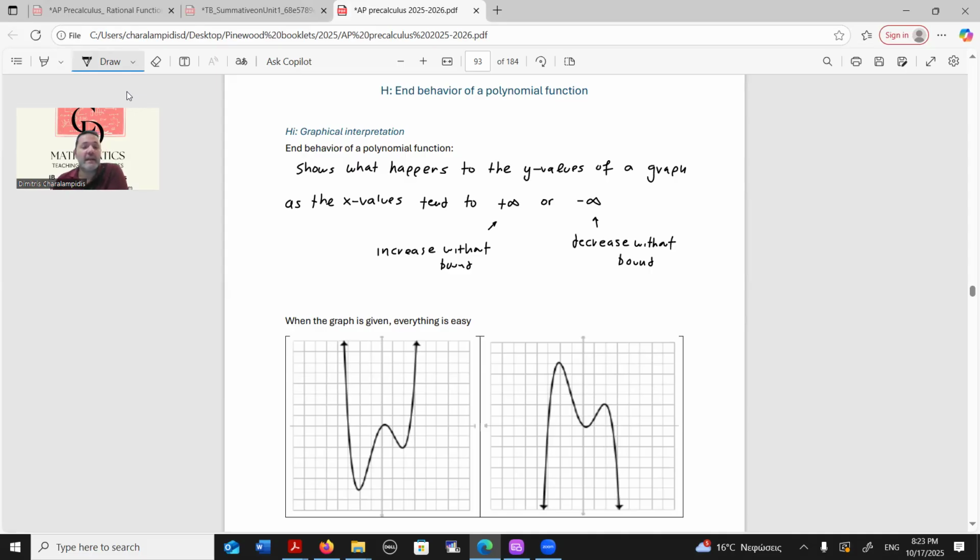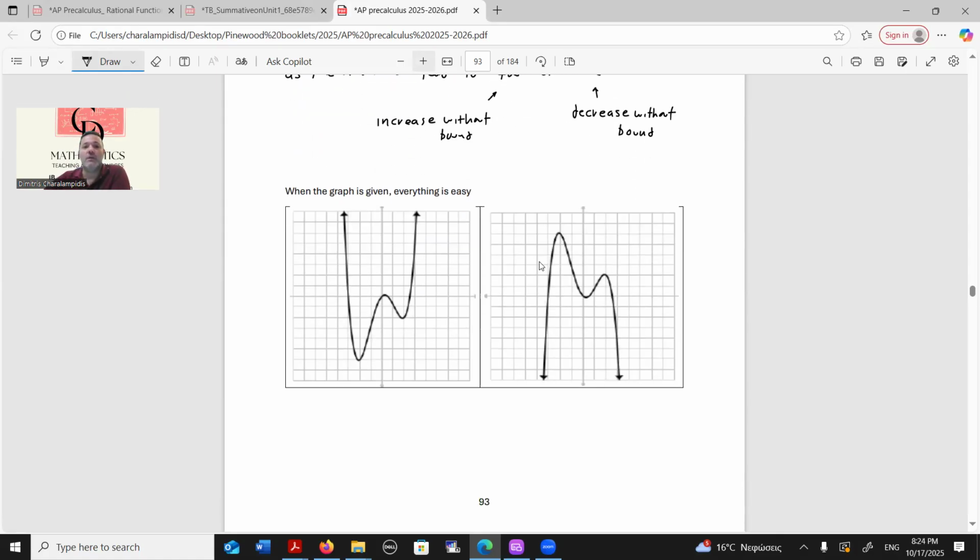Now, when the graph is given, everything is super easy. Let's see these two examples. Let's start with the one on the left. We can easily tell that when the x goes to plus infinity, as the x values go more to the right, the y values increase without bound.